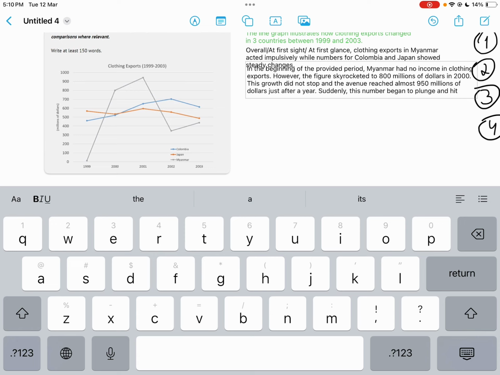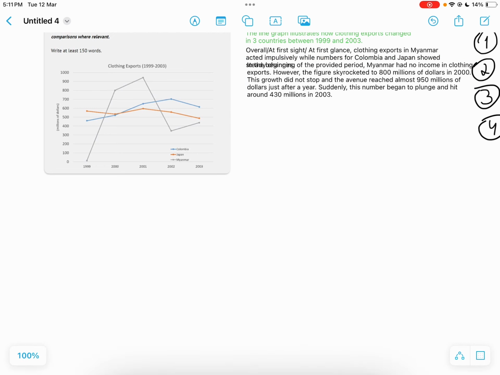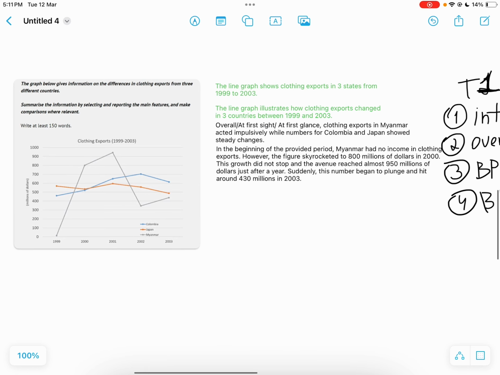And hit around 430 millions. In what year? In 2003. That's all. So that's it. This can be my body part 1. You can also write some more words or more ideas if you want, but this is how it looks in my mind.